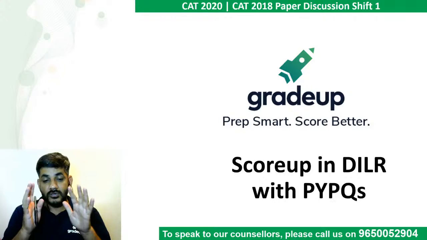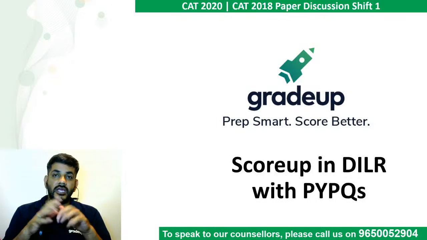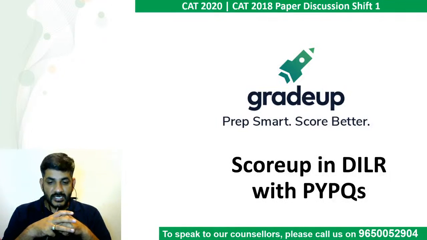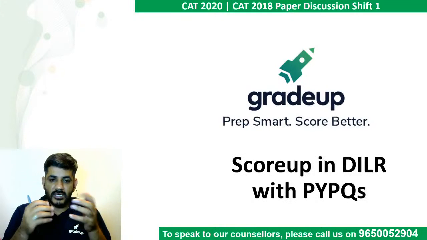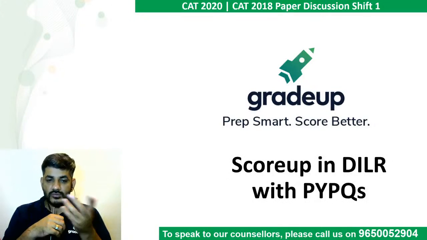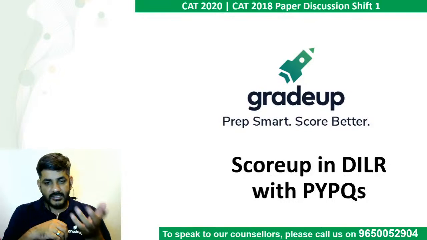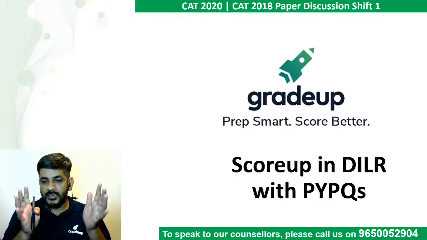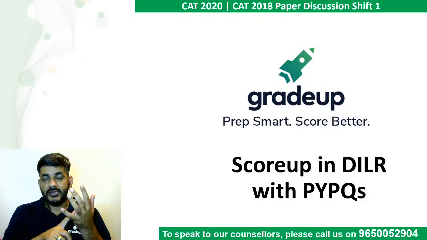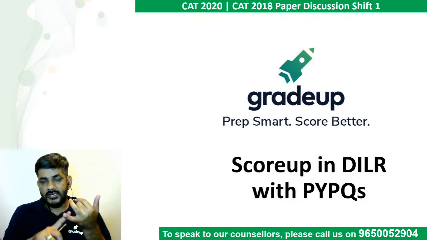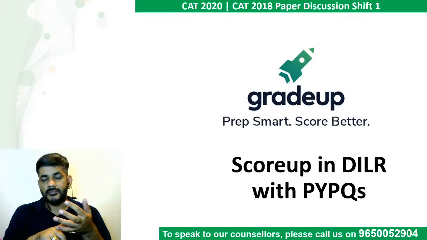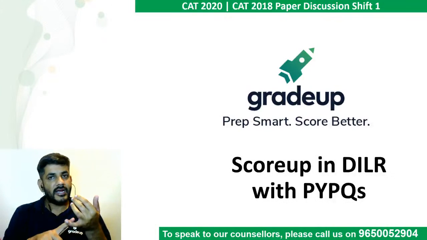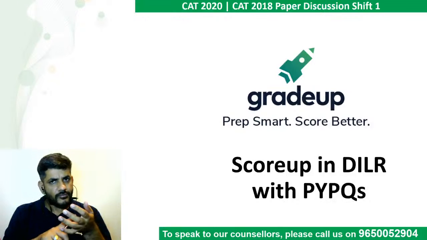Set theory is one area from which almost every year we have one set in LRDI. In 2018 Shift-1 there was a set, Shift-2 I think there was a set, 19 Shift-1 and Shift-2. So in these 4 papers, if I remember correctly, 17 Shift-1, Shift-2, 18 Shift-1 and Shift-2, 3 definitely had a set theory question, and I think the fourth also had it.